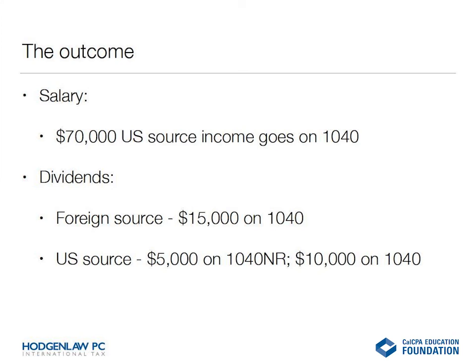If, of course, she were living in a country with a different rate, we could apply a different tax rate to it. But you'll see down below at line 14, the 30% tax is calculated directly on that $5,000 of dividends.